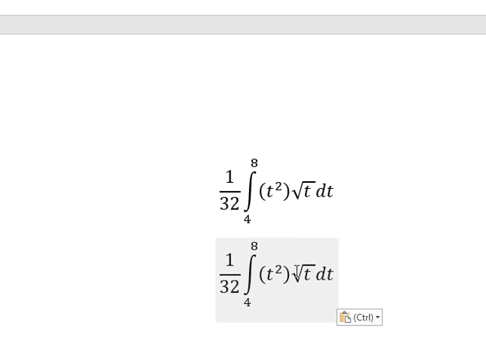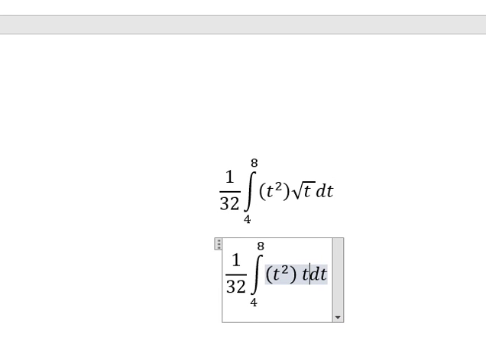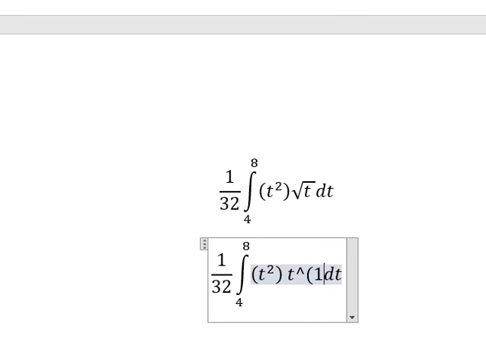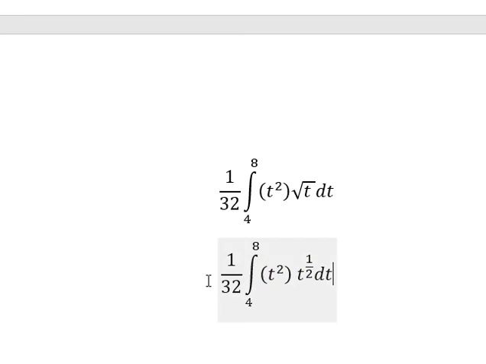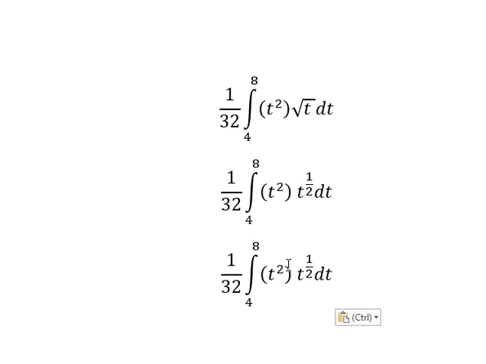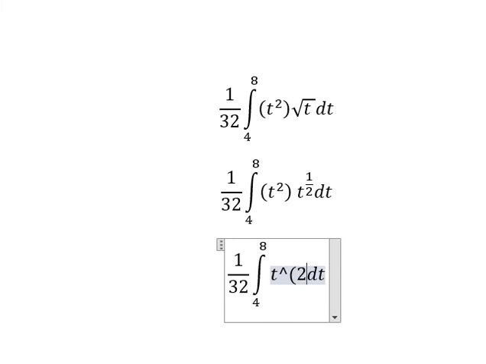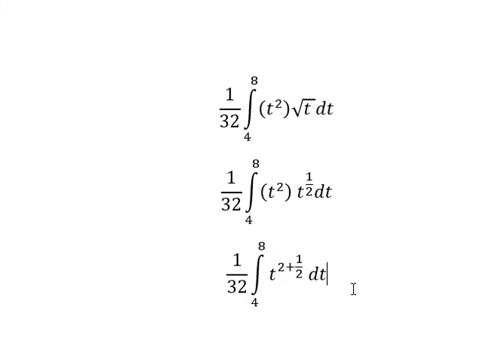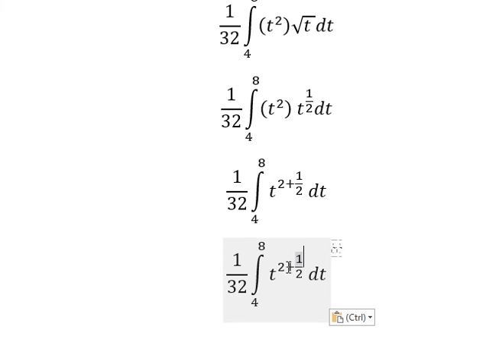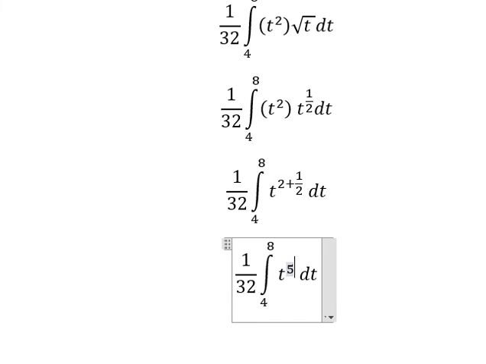So this one we have t to the power of 1 over 2. And this one we have t to the power of 2 plus 1 over 2. And this one we have 5 over 2.